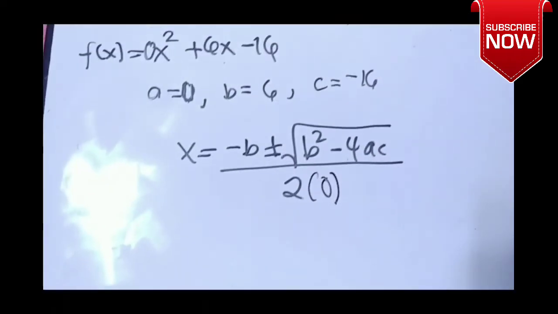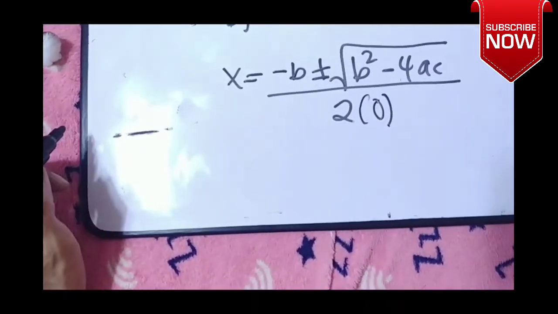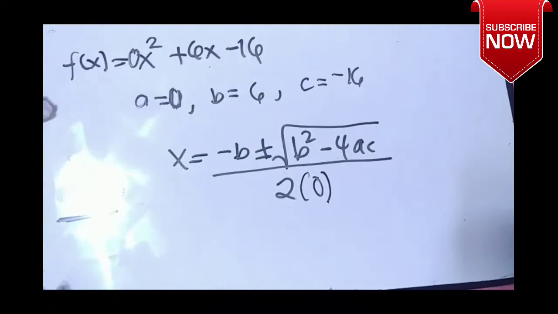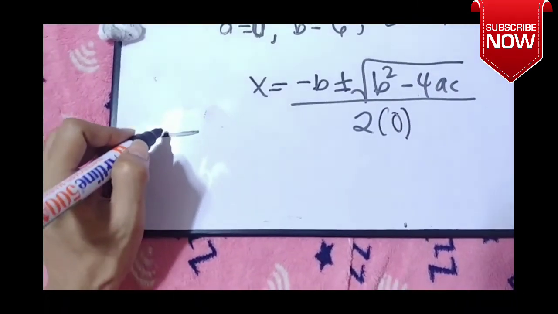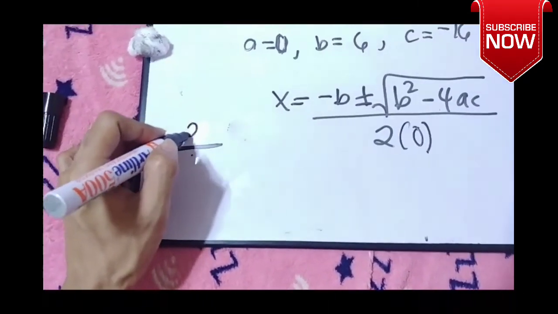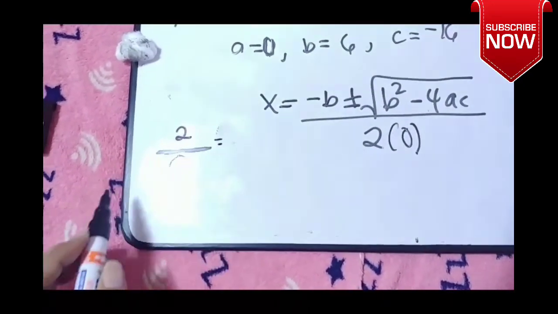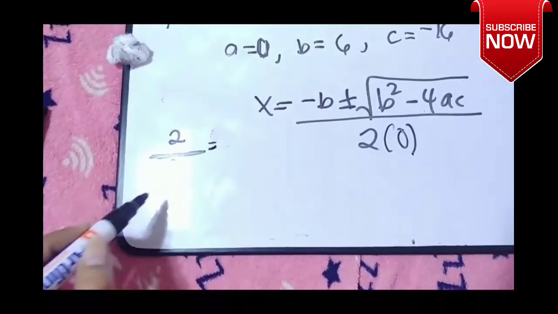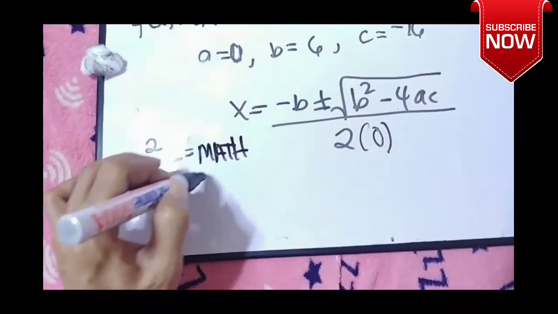Sa tingin niyo, anong magiging resulta? Tandaan natin, any numbers, pag dinivide mo sa 0, let's say 2, dinivide natin sa 0, kahit isolve mo pa yan sa calculator, ang lalabas ay math error.